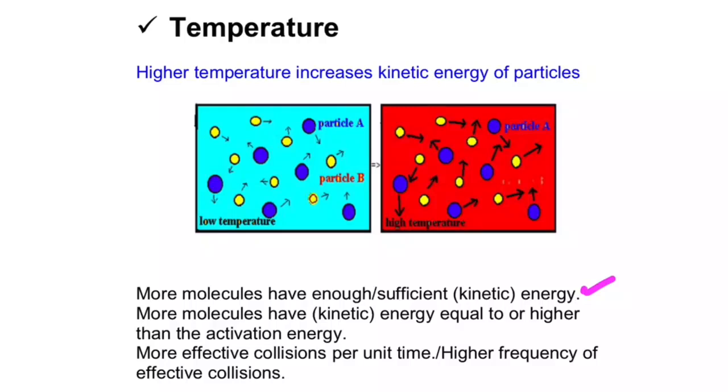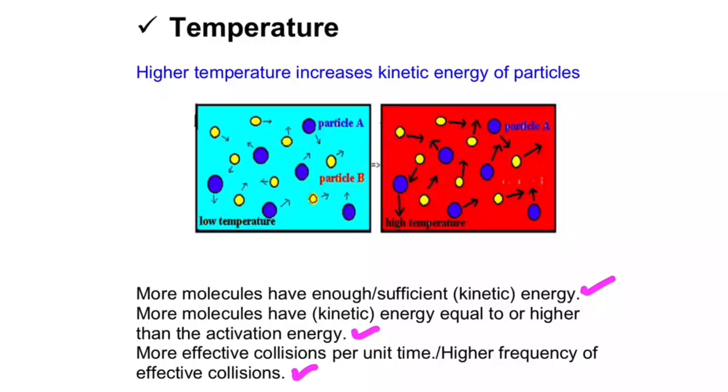So more molecules will have kinetic energy equal to or higher than the activation energy. And as a consequence, we are going to have more effective collisions per unit time, and then as a consequence the rate of reaction increases. So when you increase the temperature, the rate of reaction increases.